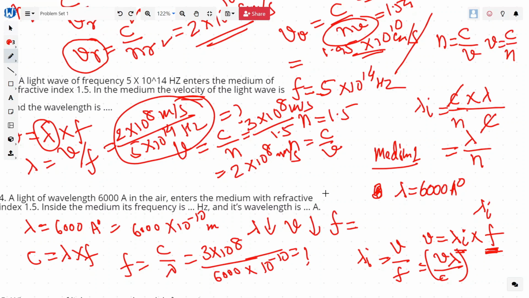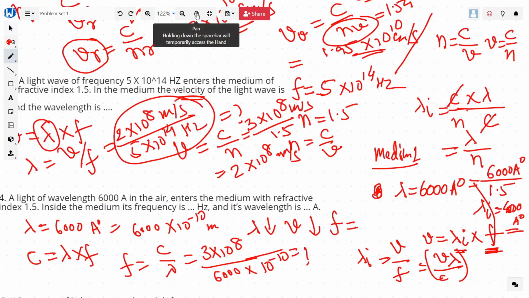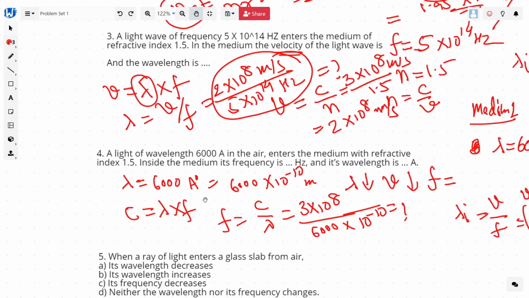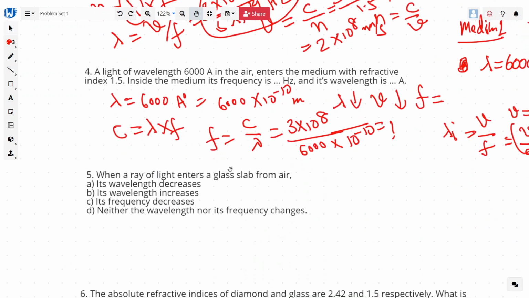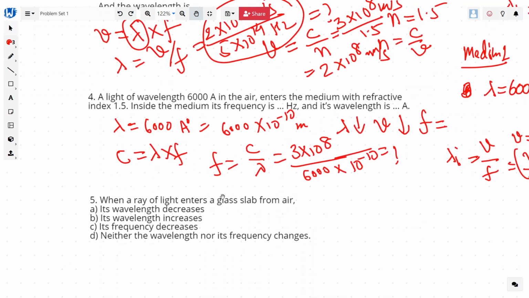So very simply put, we know the initial 6,000 Angstrom divided by 1.5, and you know the answer. So simply by plugging the right numbers in the right equation, we can find the answers. This is a very simple problem. This is also from IIT JEE.